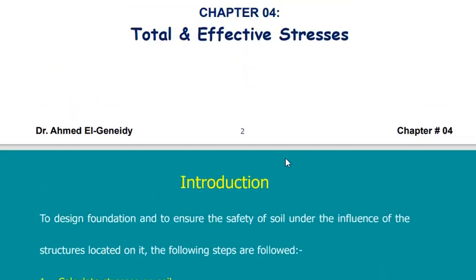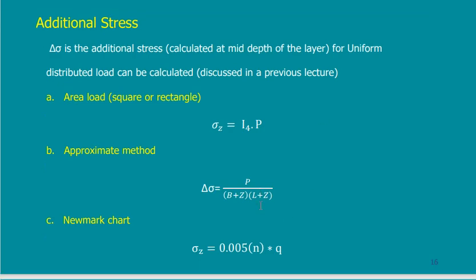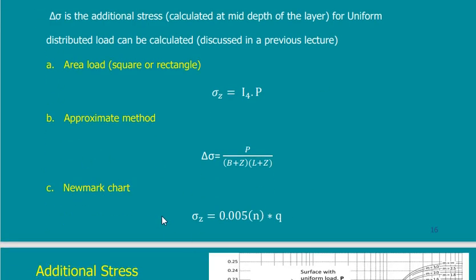So if you refer to this lecture, total and effective stresses, you will find how we were calculating additional stresses inside the soil due to external loads, whether these external loads are point loads, line loads, or loaded areas. This is what we are going to do here. We are going to calculate these additional stresses, just remembering what we took before.